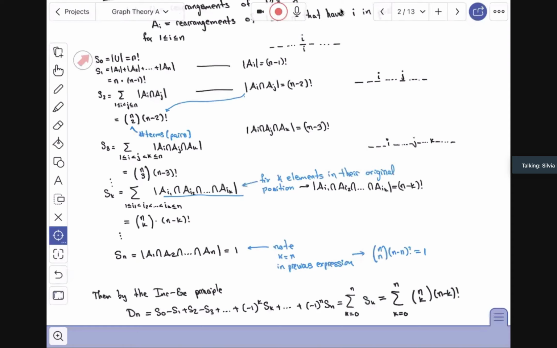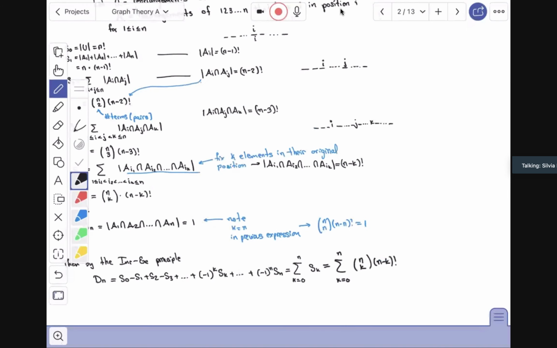So, for the first one, when k is 0, we have n choose 0, which is 1, and then n factorial. So it works for k equals 0. For k equals 1, it will be n minus 1 factorial, and n choose 1 is n. So it works even starting at 0.